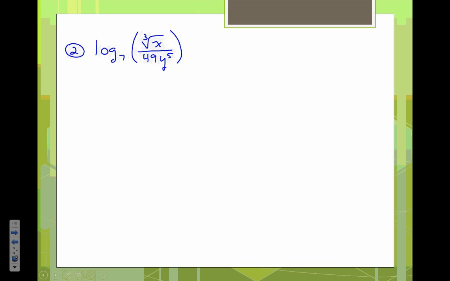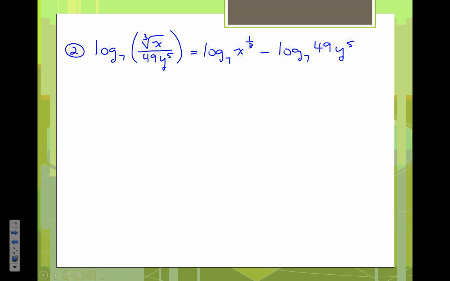So I've got division here, and let's just remember that the cubed root of x is x to the power of 1/3, okay? So with that division, we can turn it into subtraction. So I've got log base 7 of x to the 1/3 minus log base 7 of 49 y to the power of 5.